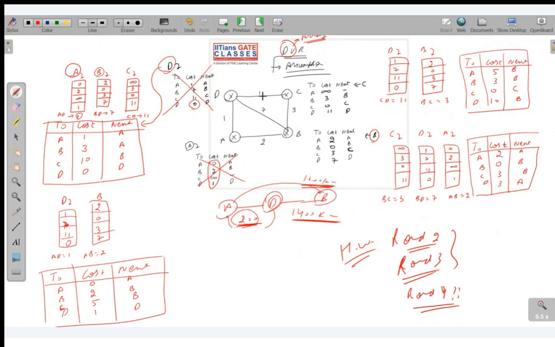In round 1 you have included 1 edge, then 2 edges, then 3 edges. More than 3 edges we do not need because 4 vertices are there. A shortest path will contain at most 3 edges; it cannot have 4 or 5 edges. That's why we are taking only 3 rounds. In the fourth round there will be no optimization, so we will stop here itself, and that is what the Bellman-Ford algorithm says.